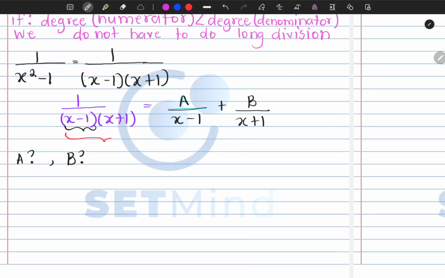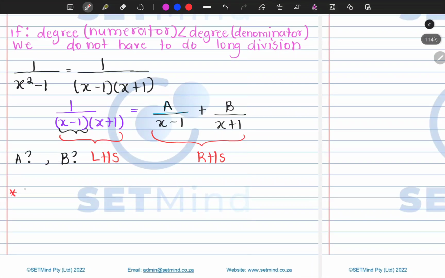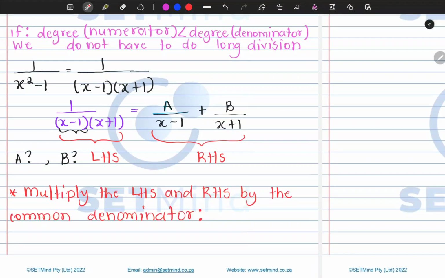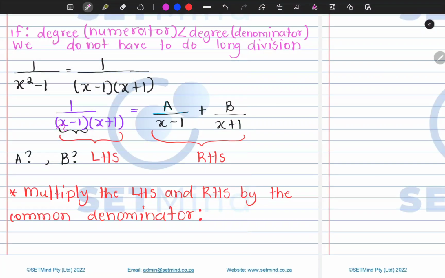So this here, I'm going to consider it as the left hand side, and that there, I'm going to consider it as the right hand side. So what we want to do is multiply the left hand side and right hand side with the common denominator. And in our case, if you look carefully, the common denominator will always be what is usually on the left, which is the compact form.